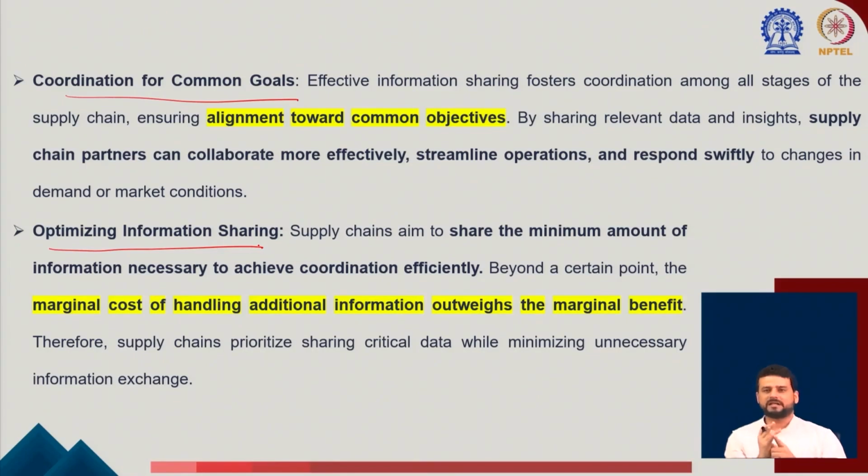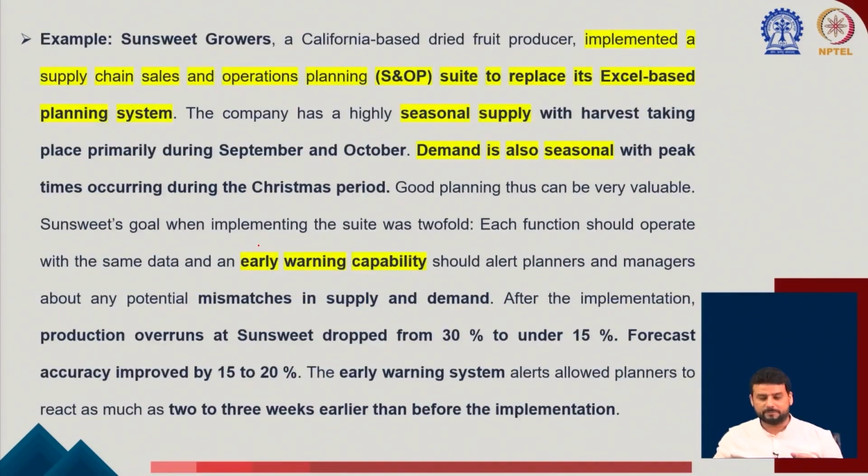If the additional information you are collecting costs, let us say, 5% extra, and then you are getting only 1% margin out of that. By tapping that extra information, you are spending 5% extra, but the return is only 1%. So you need to make the trade-off, whether that excess information is going to help you or not.